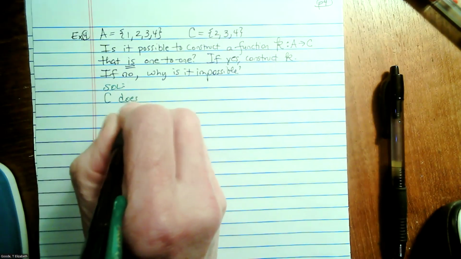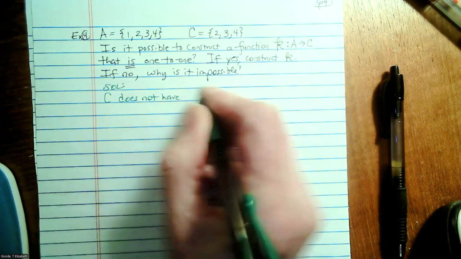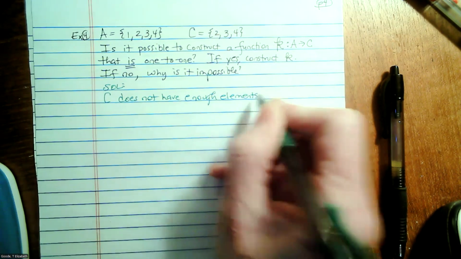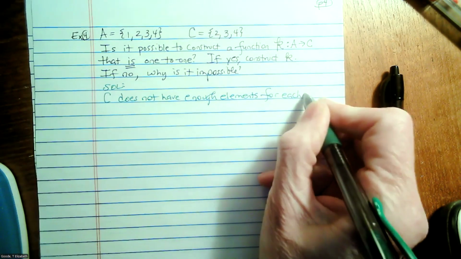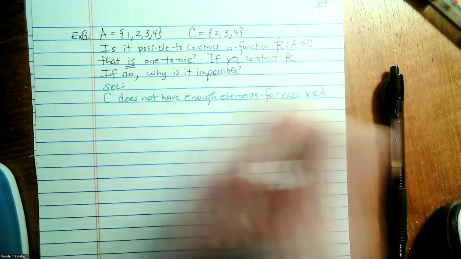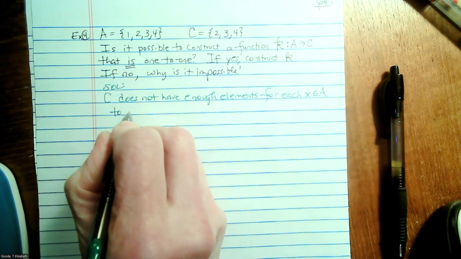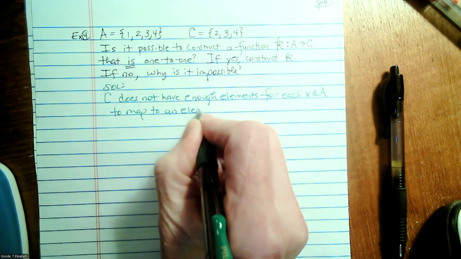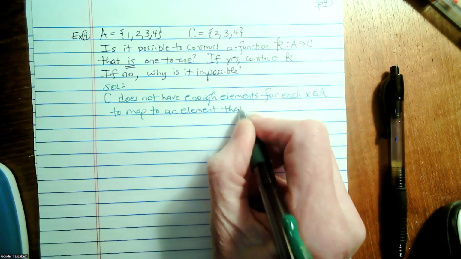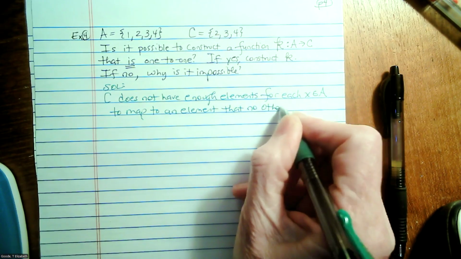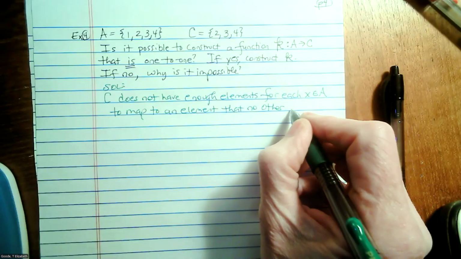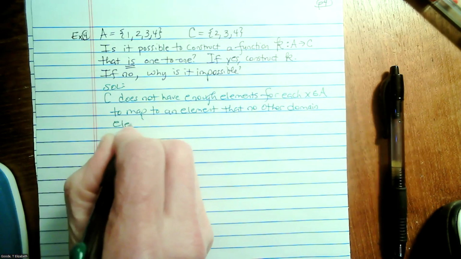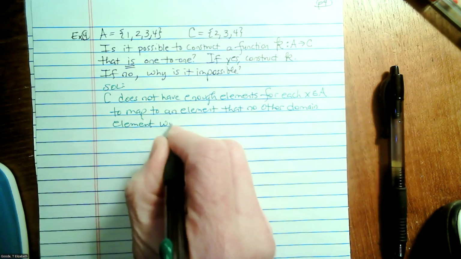C does not have enough elements for each x in A to map to an element that no other domain element would map to.